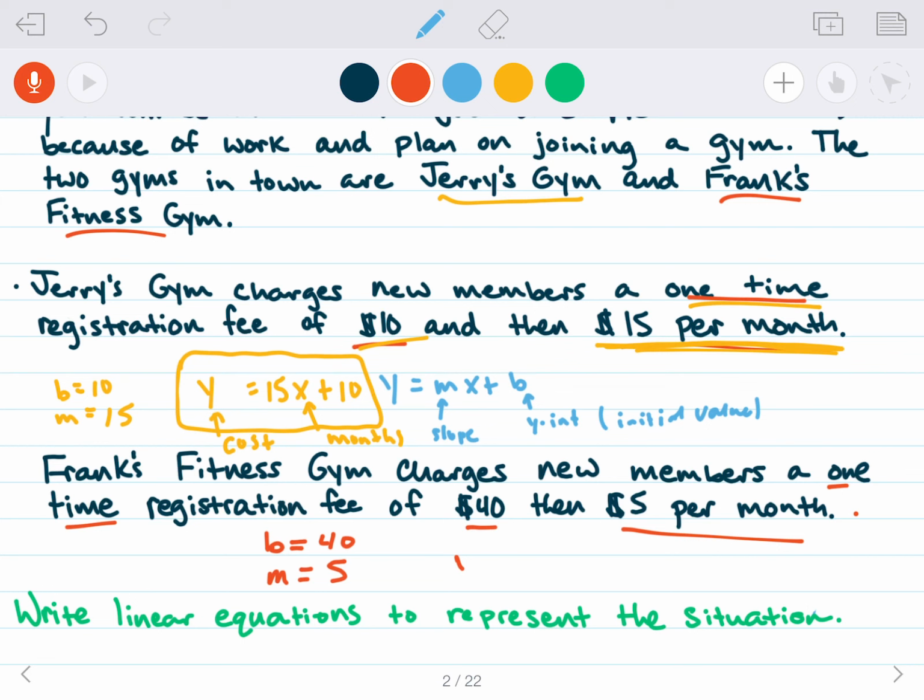And so my equation is going to be y equals mx plus b, and that is our equation here. Again, y is going to represent the cost, and x is going to represent the month. So we just wrote linear equations to represent the situations.